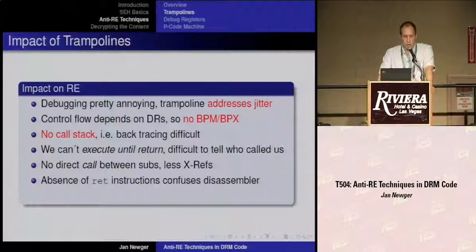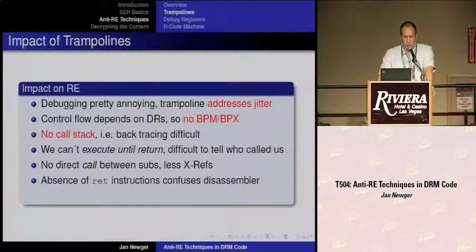And it's not so easy for the disassembler to say, okay, procedure A calls procedure B, because there are no call instructions which are directly used. And this means we have very little cross-referencing information.